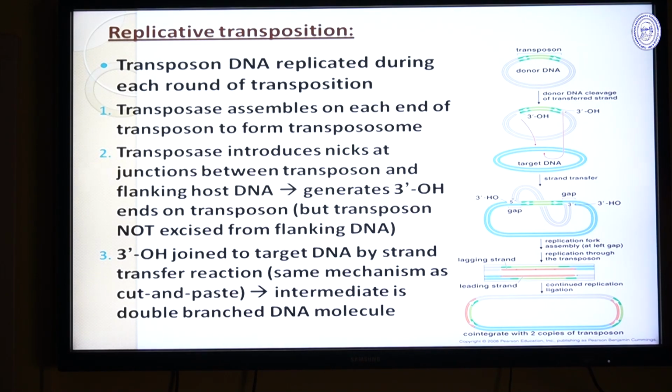But at this position, the complete excision of the transposon is actually not happening. The original donor DNA, carrying the transposon with the help of the transposase enzyme, attacks the target DNA and gets attached to it, finally forming a complex which we call a co-integrate.